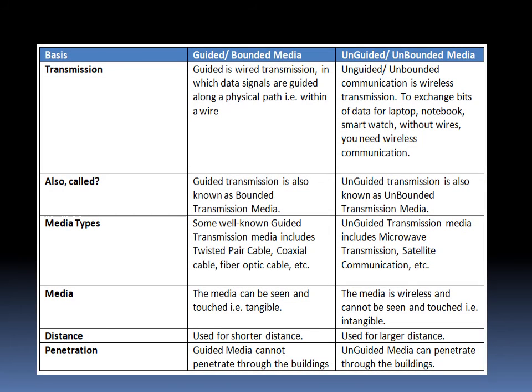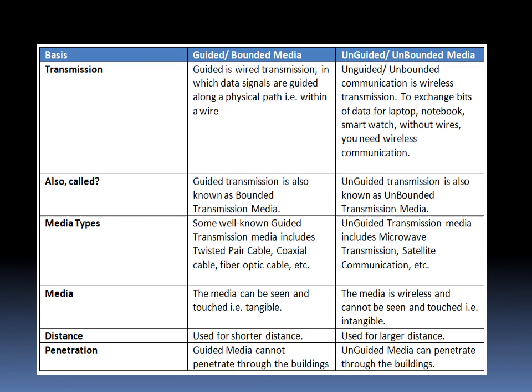This is the comparison between guided and unguided media. For transmission, guided media requires a physical path, a wire, but unguided does not. Guided media is also called bounded transmission media, and unguided is called wireless or unbounded transmission media.